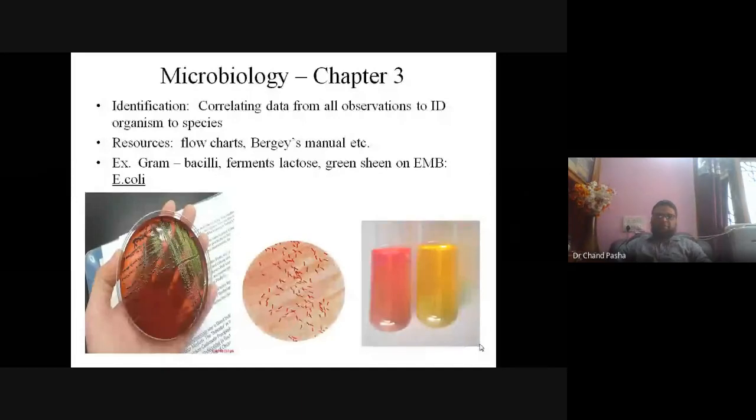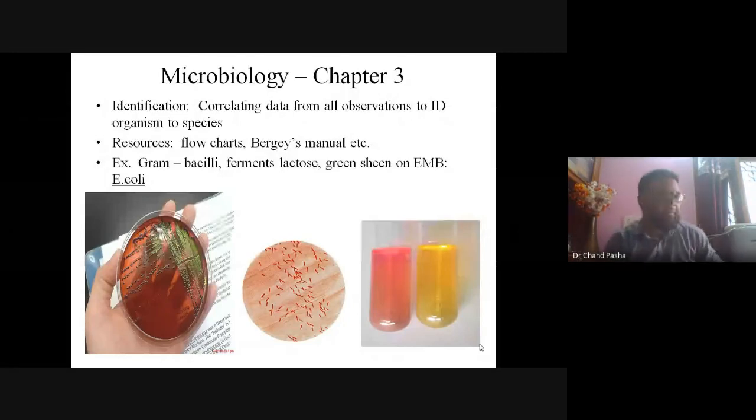Other bacteria do not ferment this lactose, even human beings cannot utilize it. By fermenting the lactose, acid is produced. And whatever acid is produced will change the pH of the media, and the pH indicator gets its color changed.